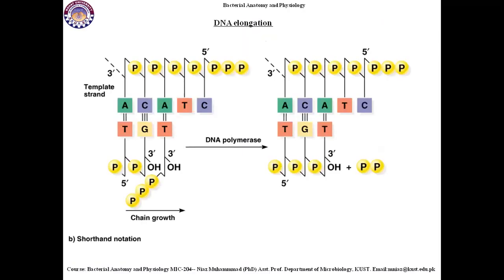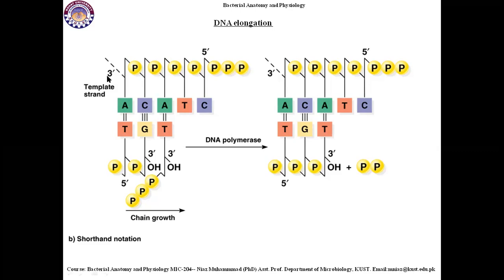So if you remember in our previous class, we were talking about DNA elongation. We understood clearly that the DNA of the parent cell is providing templates. By using these templates, a daughter DNA is synthesized. It has a specific mechanism.